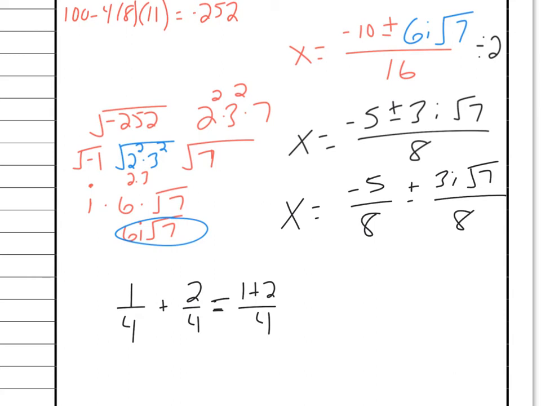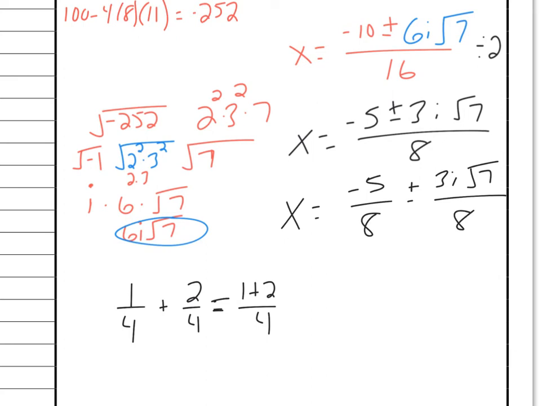Obviously, this would become 3 over 4, but that's the step. So we're reversing this process. If we had 1 plus 2 over 4, we could rewrite it as 1 over 4 and 2 over 4, and that's what we're doing up here. We're taking the 8 and breaking it apart and putting it underneath each part of the numerator.